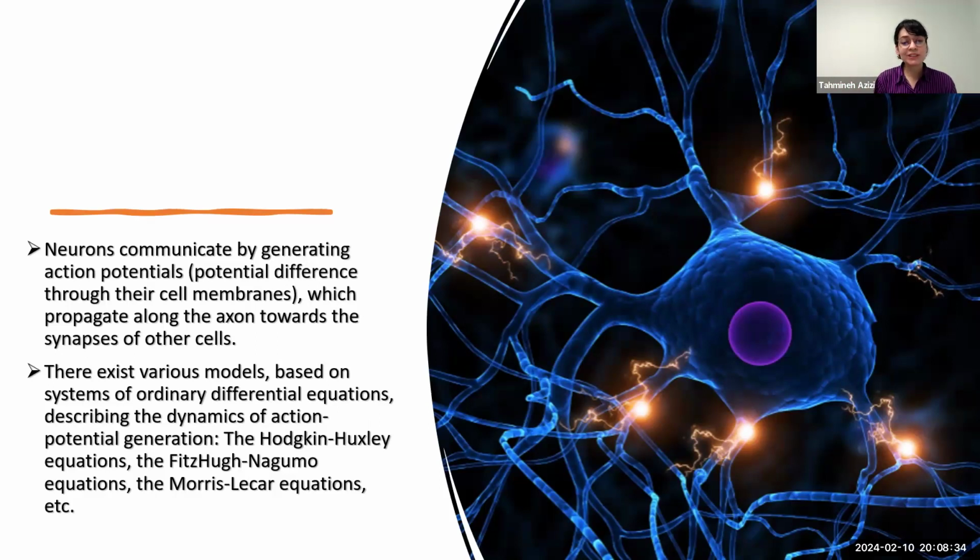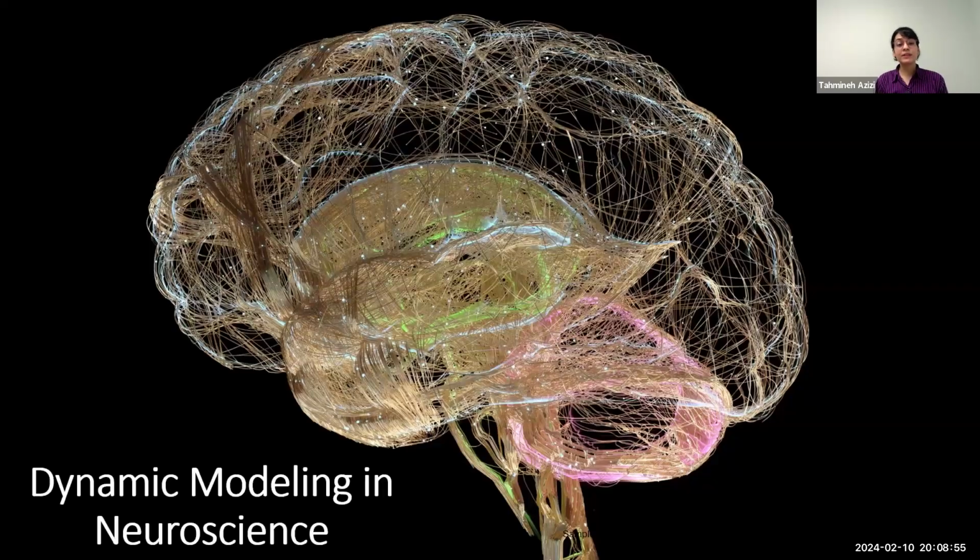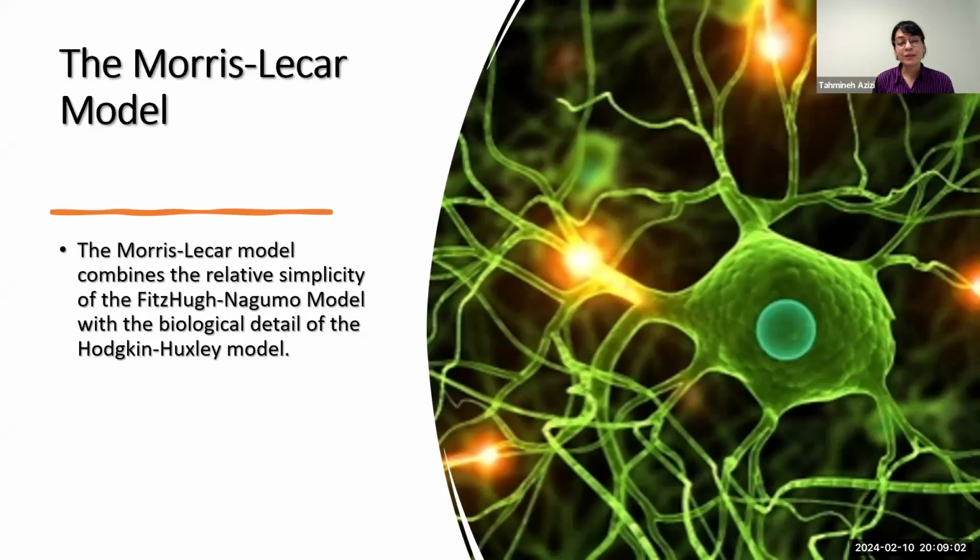There are different models available, different types of differential equations, to model this phenomenon, which maybe you have heard about, the Hodgkin-Huxley model, or for example, a very simple model, FitzHugh-Nagumo, or the Morris-Lecar model. Between all of them, we are going to talk about the last one, which is a simple model, but it keeps the biological properties of the Hodgkin-Huxley model. That's why we selected the Morris-Lecar model.